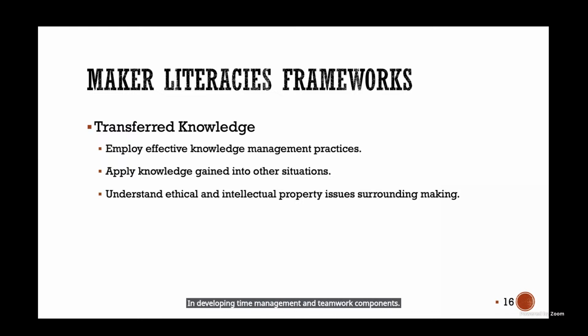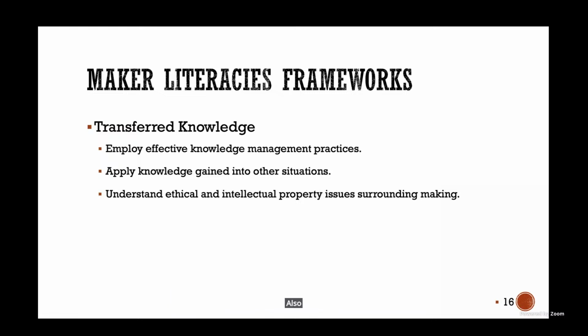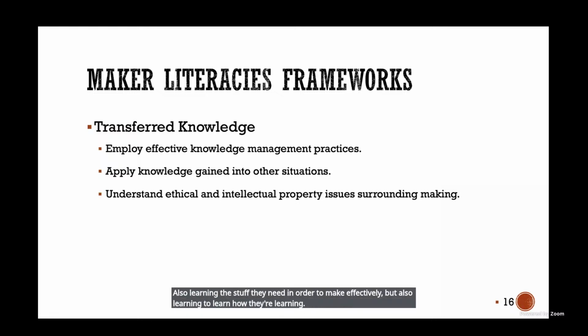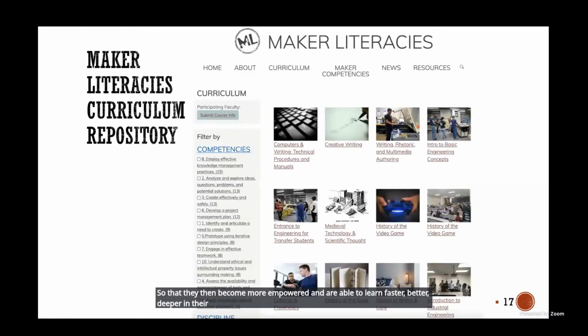And with these, there's knowledge management and really getting students to think in a meta way about their own learning, not just learning the thing that they're learning for the class content, and not just learning the stuff they need in order to make effectively, but also learning how they are learning so that they become more empowered and are able to learn faster, better, deeper in their future endeavors.